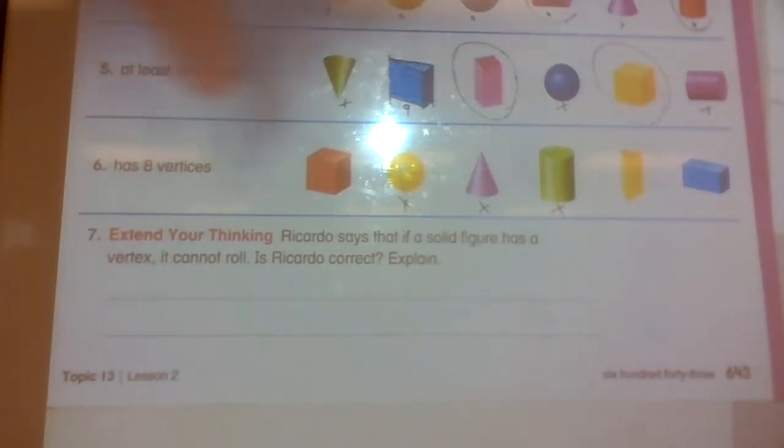All right, if you went through an X, vertices, you know they don't have it: 0 vertices, 1 vertex, 0 vertices. So we have a square prism, triangular prism, and rectangular prism, just like we did before. Now remember, vertices are the corners.